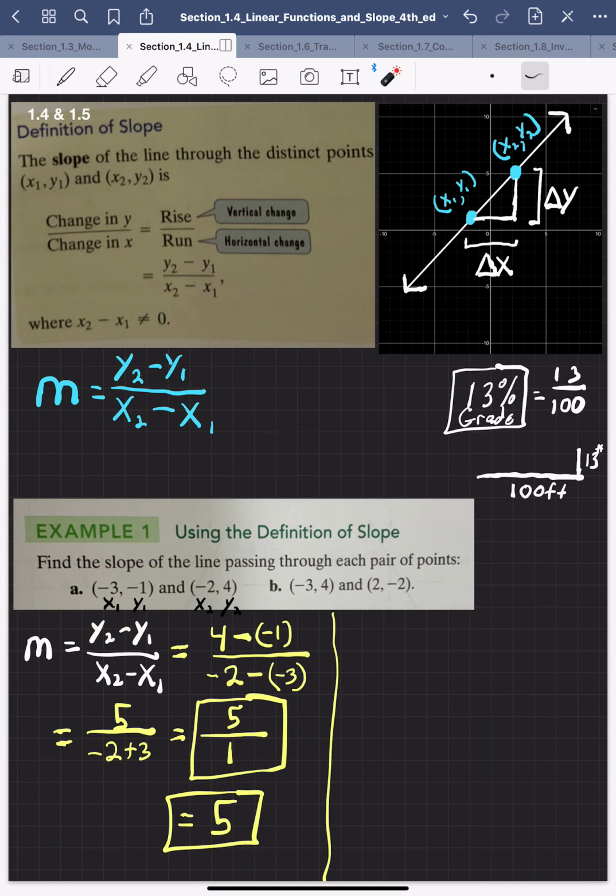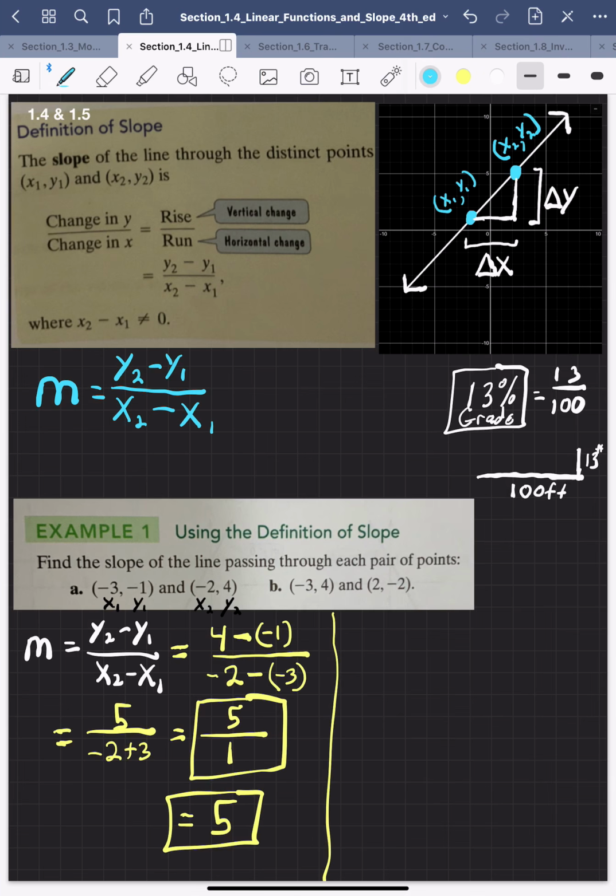The only thing you can't do, watch: I can call this x1, y1, or I can call this x2, y2. Doesn't matter. What I can't do is this. I can't call this x1, y2. I can't mix them up like that. But nevertheless, it doesn't matter what you call the first point or the second point.